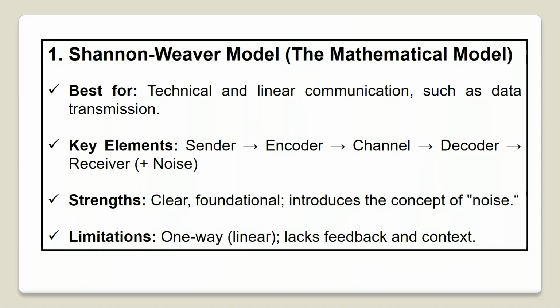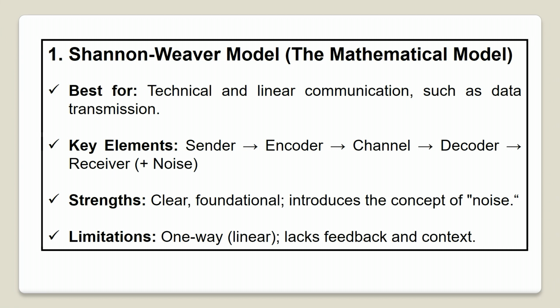It is also called the mathematical model, and it is best for technical and linear communication such as data transmission. This model of communication is very suitable for data transmission.